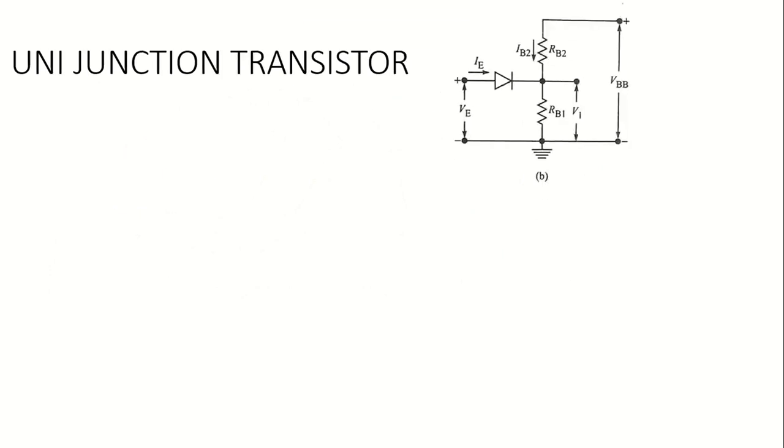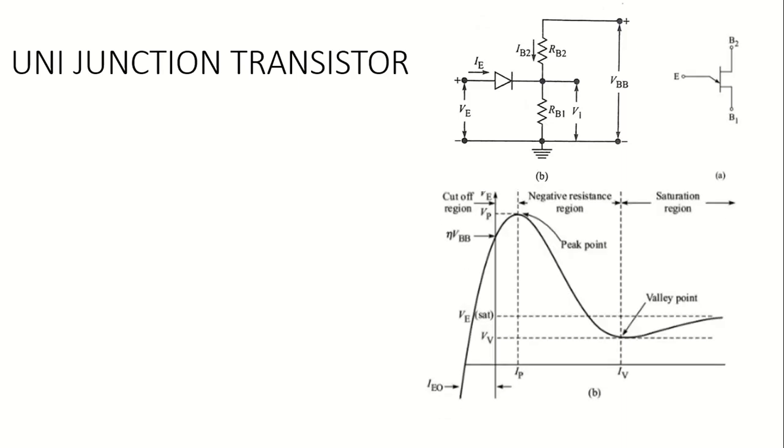Coming to the characteristics of the UJT, let us consider the same figure, the equivalent circuit of the UJT as shown in figure B, and the UJT represented by its symbol as shown in figure A here, with base 1, base 2 and emitter.